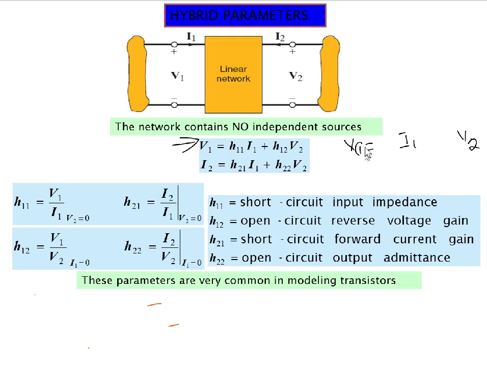So this is 1 and this is 1, so we call this relative parameter H11, plus this is 1 and this is 2, so we call this second parameter H12. So you have got the idea. Now we have I2, the current that will be produced on the second side, and we relate it to the current on the first side, because this thing is current.